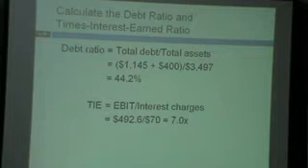Now another ratio that we are calculating is times interest earned, where we want to compare our net income, operating income with interest charges. So earnings before interest and taxes divided by interest charges. Earning before interest and taxes is $492.6 and interest charges are $70, so that comes to 7 times.